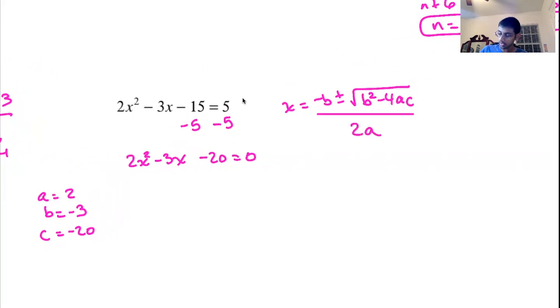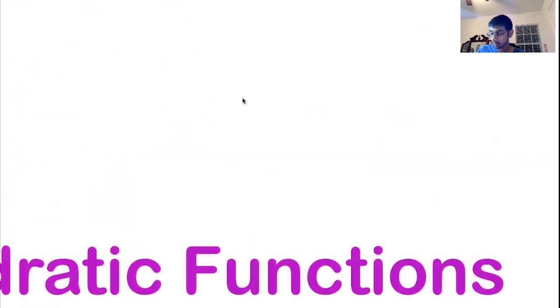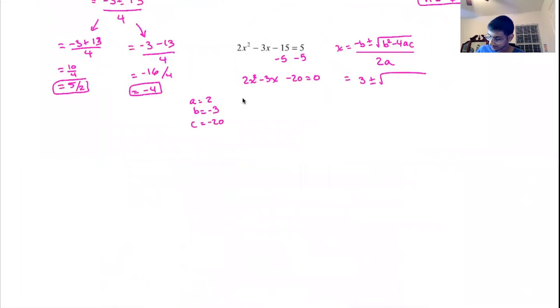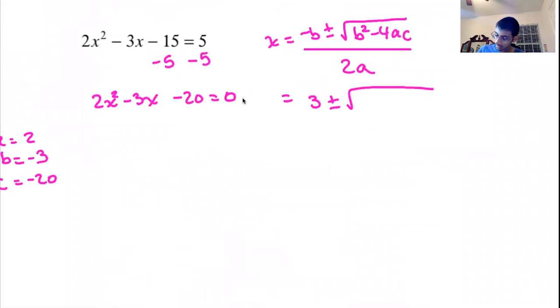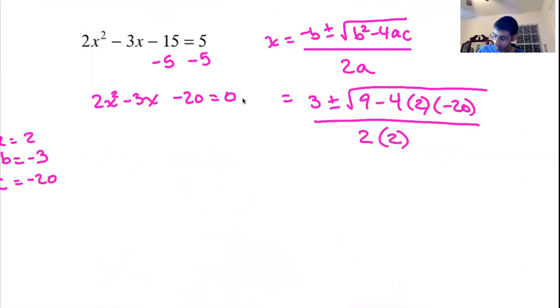So then I'll just plug in my values. It becomes negative 3, which is just positive 3, plus or minus the square root of b squared. Negative 3 squared is 9. Oh, hang on. Sorry about that. 9 minus 4 times 2 times negative 20, all over 2 times 2.